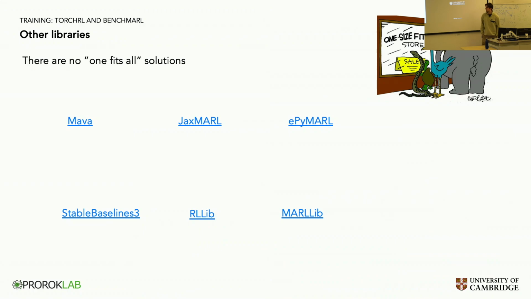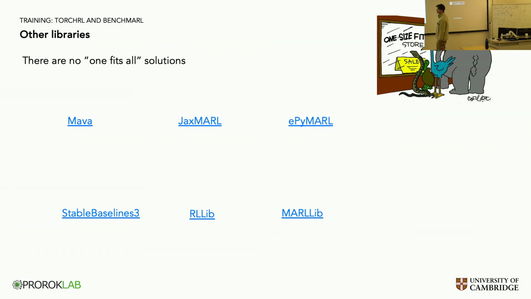But yeah, other libraries, apart from the one we're going to see today, because there is no one-fits-all solution. I put some multi-agent and some single-agent RL libraries here. Mava and JaxMARL are multi-agent RL libraries for JAX. If you are approaching JAX, I would check them out. Probably Mava would be my go-to choice between the two.